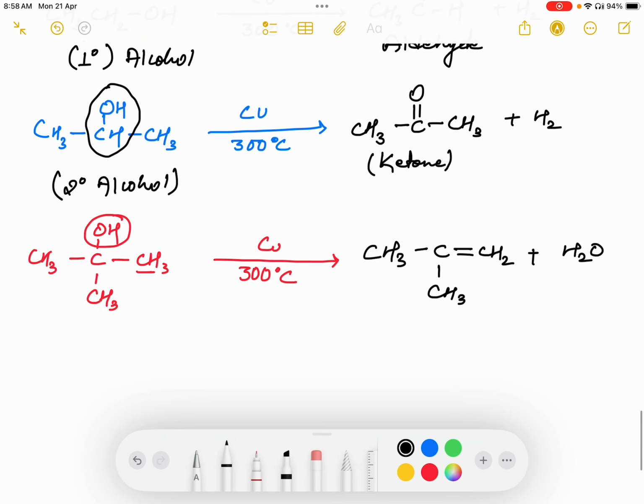So what you need to keep in mind is 1-degree alcohol gets transformed into aldehyde, 2-degree alcohol gets transformed into ketone, and 3-degree alcohol gets transformed into alkene.